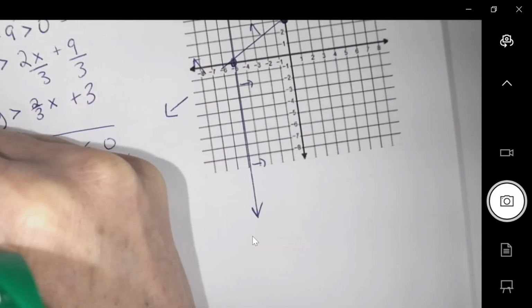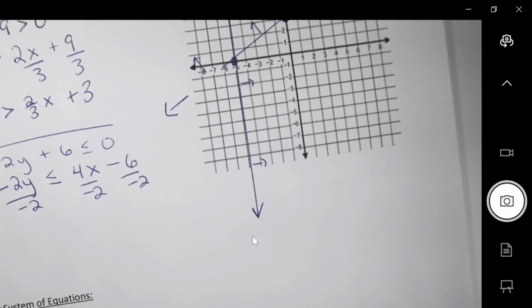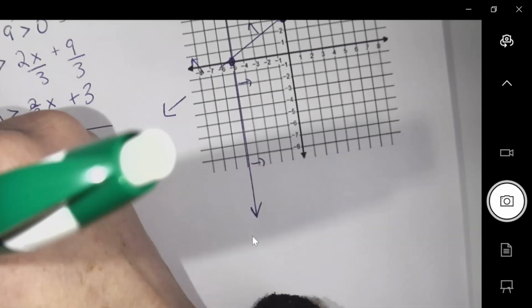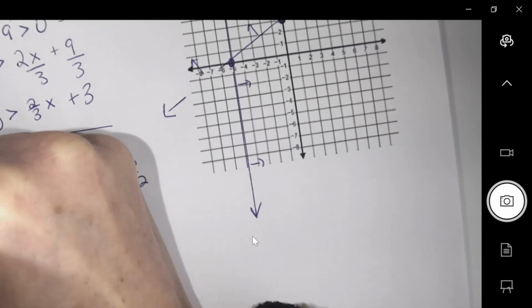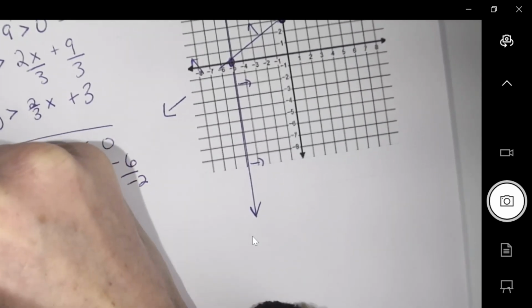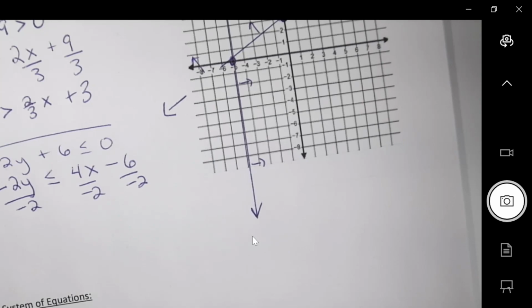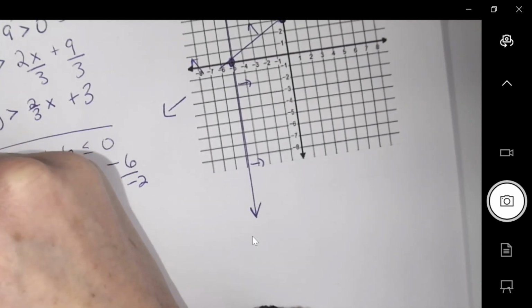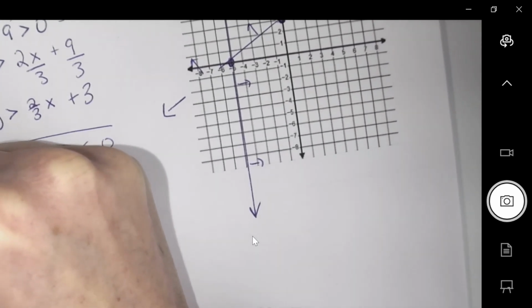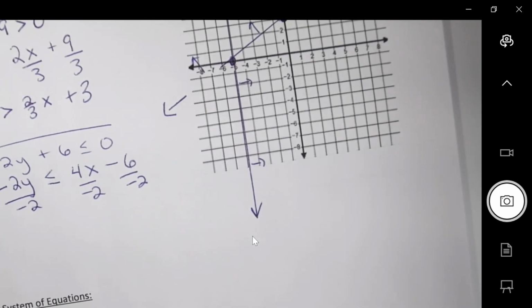And something crazy is going to happen. So I'm going to put a star here. This is a math rule. If you ever in math divide or times by a negative, it flips the sign direction.